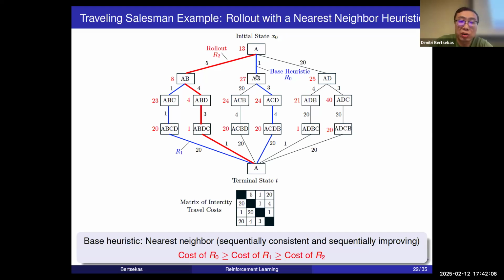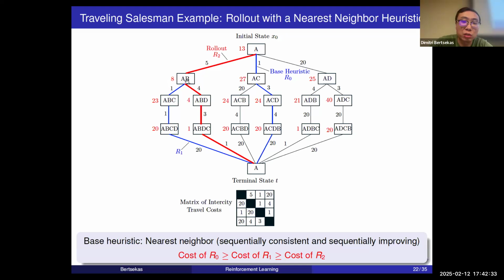And similarly for this one, and we will have this as the complete tour if we choose this, and so on. Now, at this point, we find out this tour has a complete distance which is smaller than the one computed by base heuristic R0.